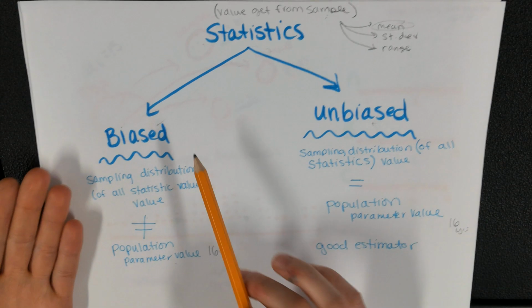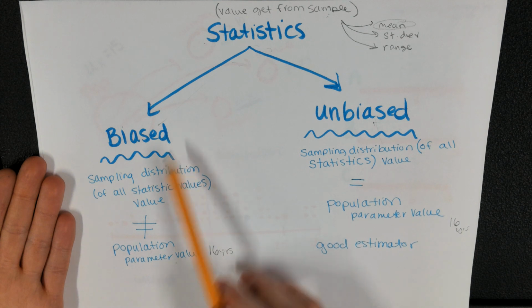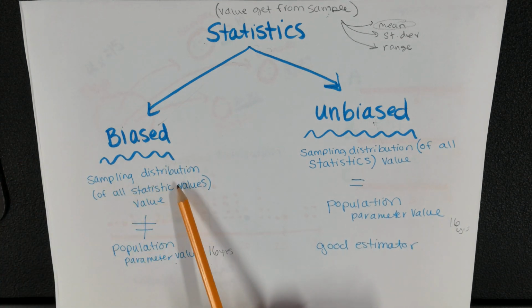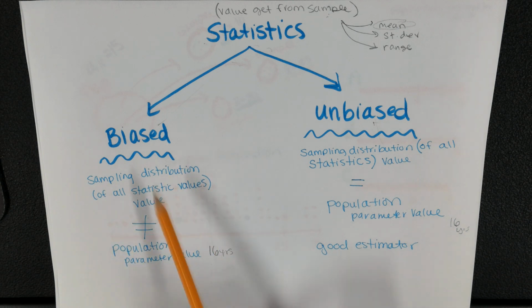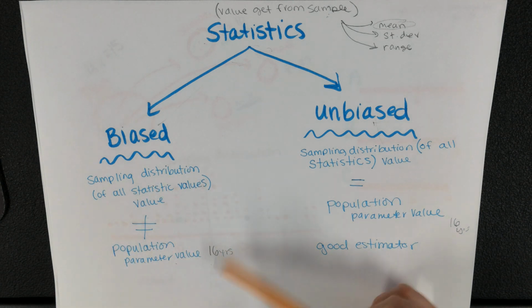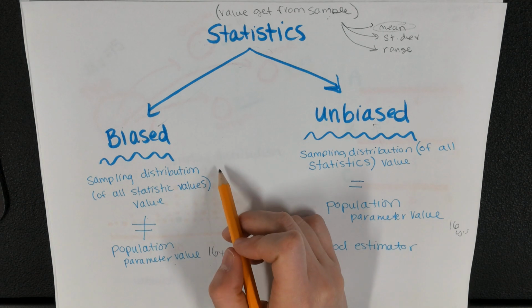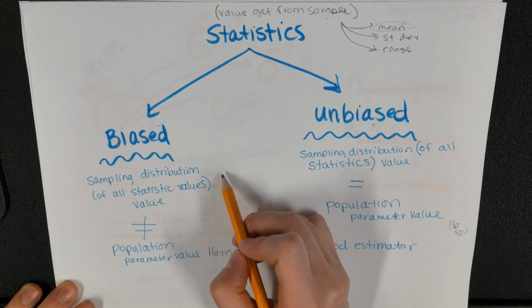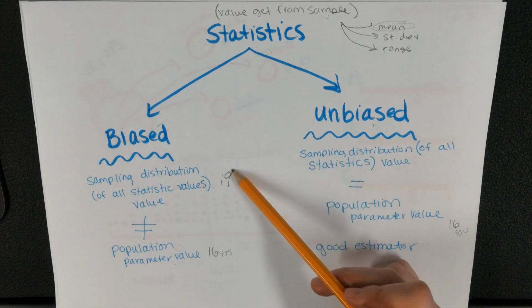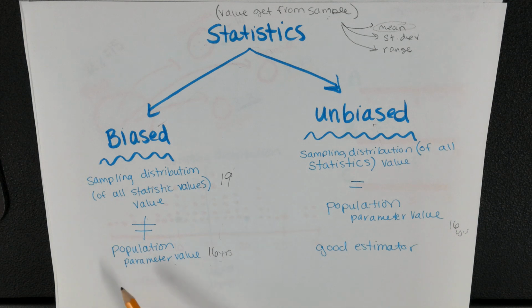Okay, what would make something biased? That means when you take a sampling distribution, you take a ton of different samples and you take the mean of all of those samples, they should match. So if you take a sampling distribution and you come back with a value of, I don't know, like 19 years old for whatever reason, if these aren't equal, it's biased. Okay?